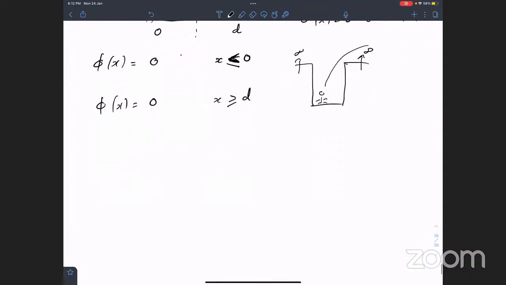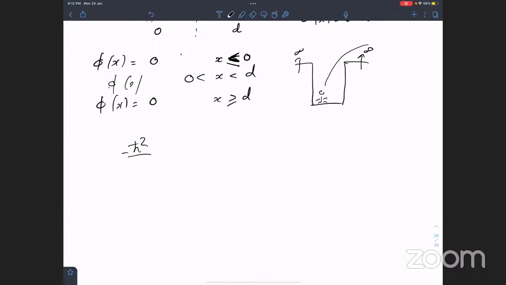Okay. Within this region now, we need to find out what happens. Well, let's do it, right? Whatever this is, it's going to satisfy my Schrodinger's equation, minus h bar squared by 2m d squared by dx squared plus U of x, phi of x equals E times phi of x. But within this region, U of x is 0.